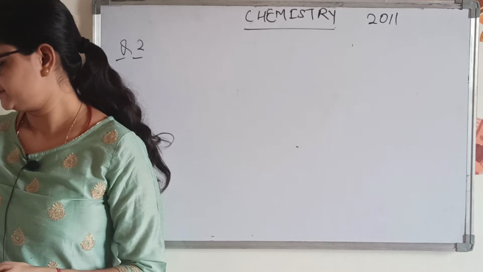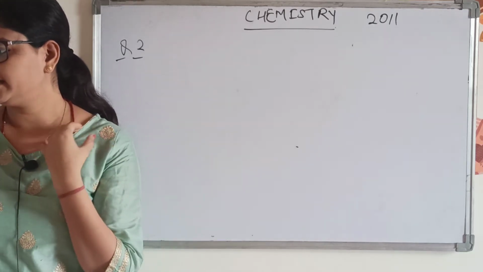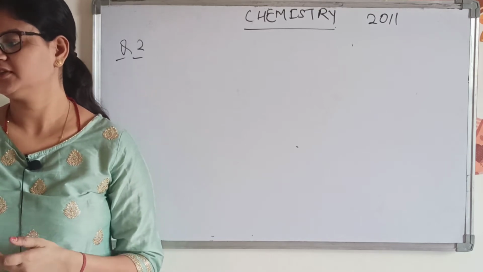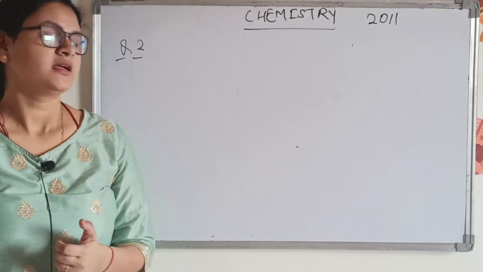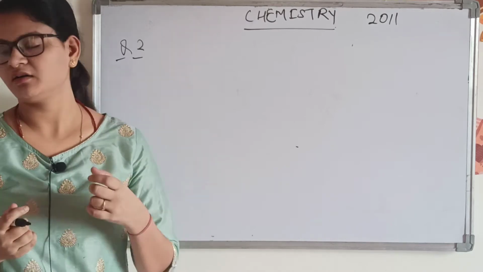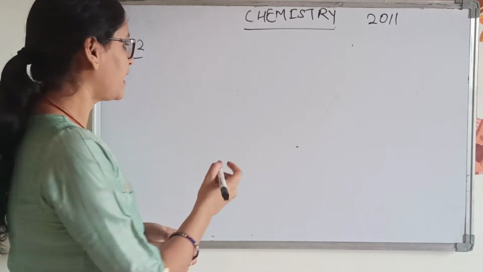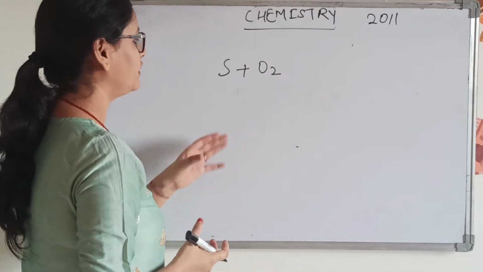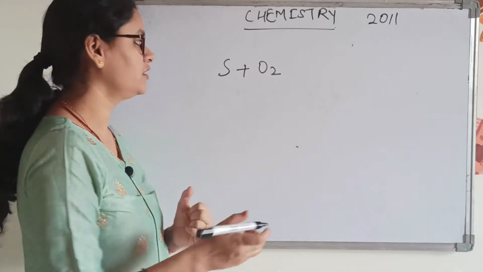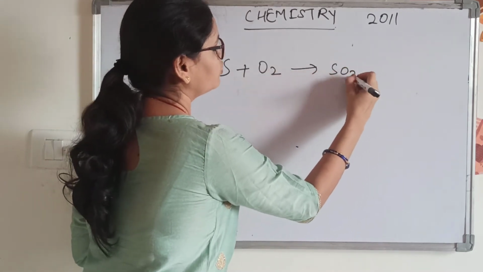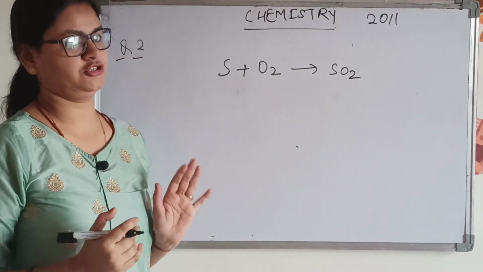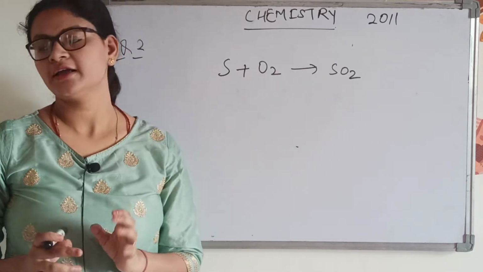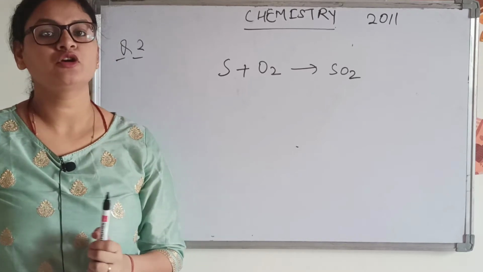A student heated some sulfur in a spatula and collected gas X. Which among the following is correct about X? When sulfur is heated in the presence of oxygen, we get SO2. So now which one of the options is correct?